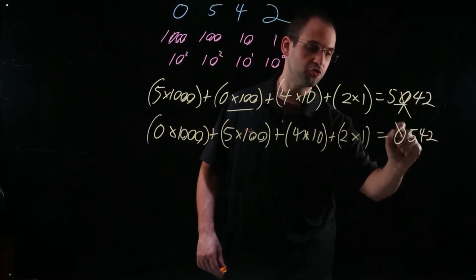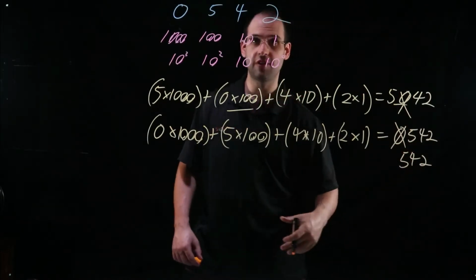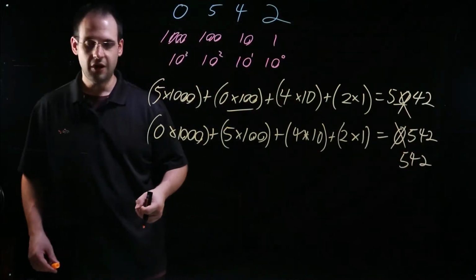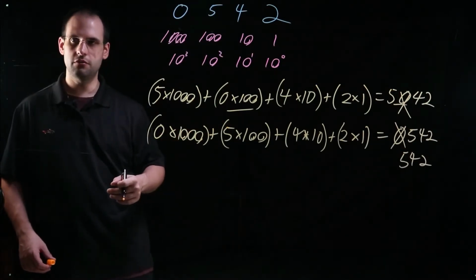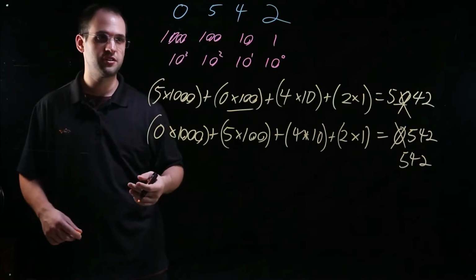Or you could drop this leading 0 and just make it 542.